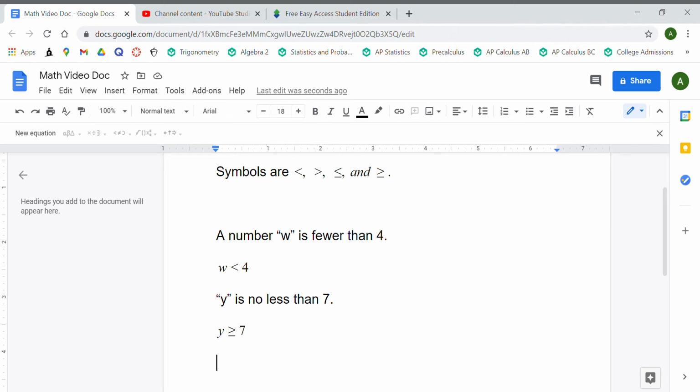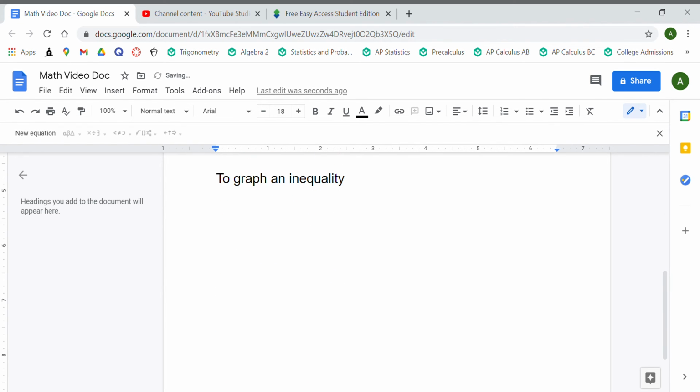Before we start talking about how to graph, I'm going to tell you a few things. To graph an inequality, I should probably use the spacebar here, you must have the variable on the left side.